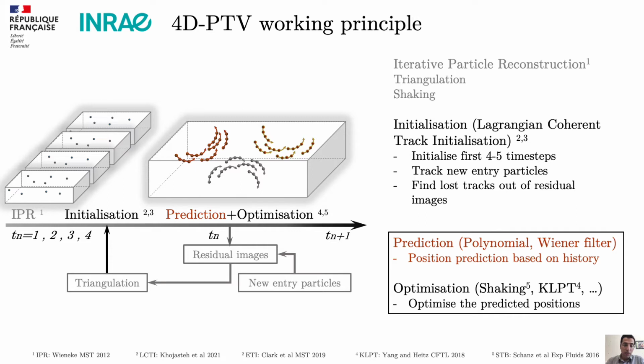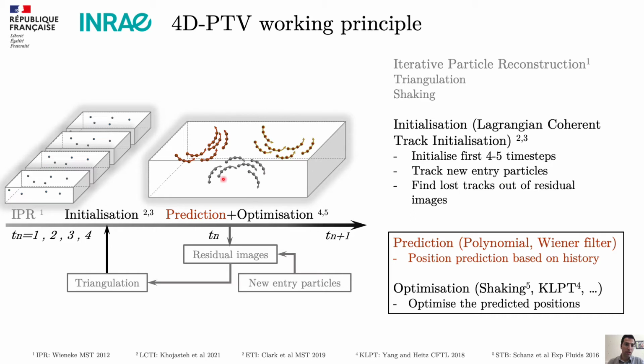In the flowchart of the 4D-PTV, we have basically 4 main steps: IPR, initialization, prediction, and optimization. In IPR, you reconstruct particle position. In initialization, you try to initialize tracklets out of triangulated, reconstructed positions, which we proposed as Lagrangian Coherent Track Initialization, LCTI, in the first LPT challenge.